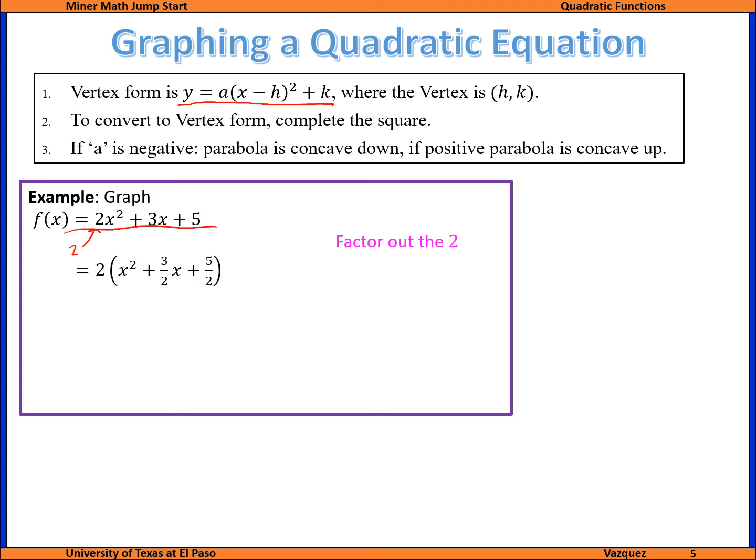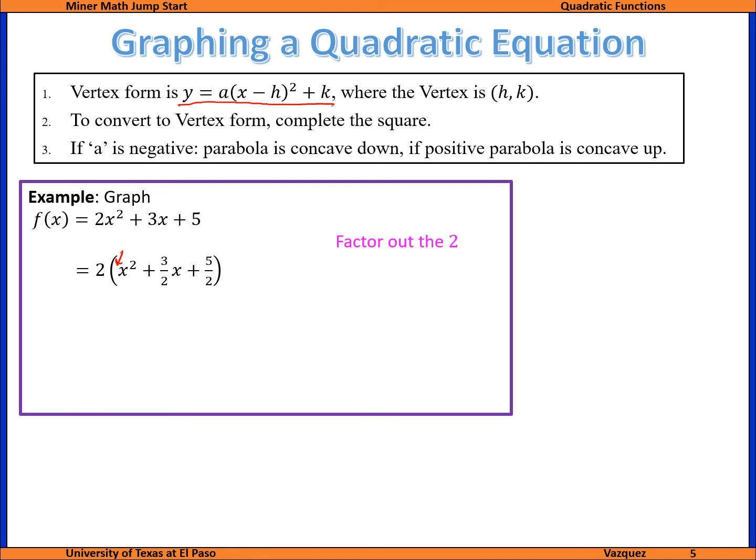So what happens? It now becomes 2 parentheses and then the rest: x squared plus 3 over 2 x plus 5 over 2. If you distribute the 2, you'll see that you'll get our original equation back. But now that we factored out the 2, we can complete the square because a is now 1 here.